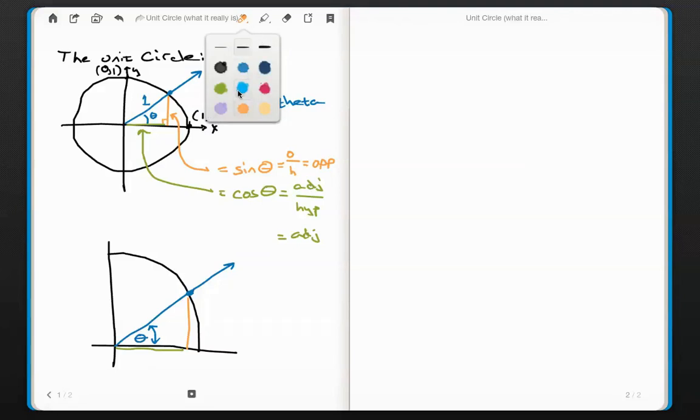We know that the radius in blue is 1. So the coordinates of this particular point are, and this is where it really trips people up, cos theta, sine theta.